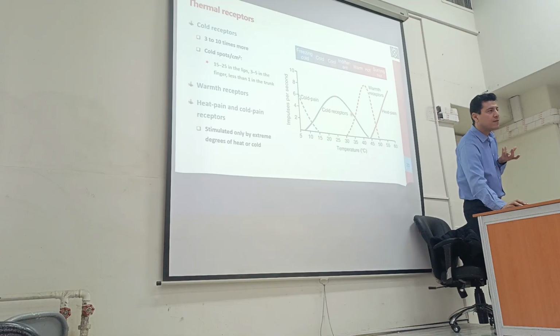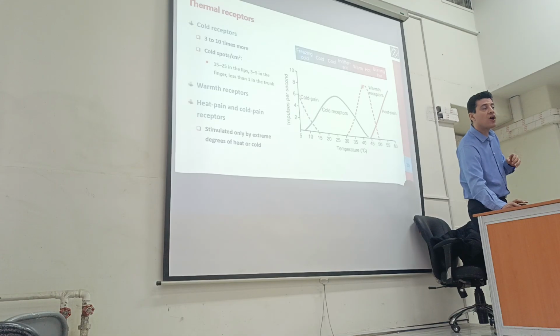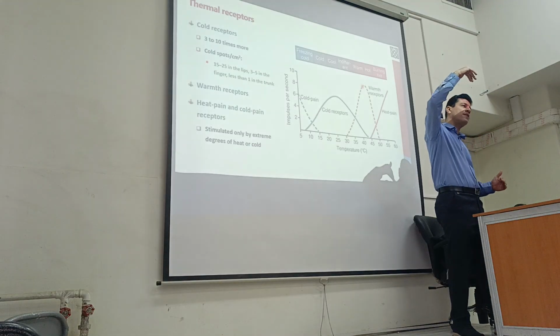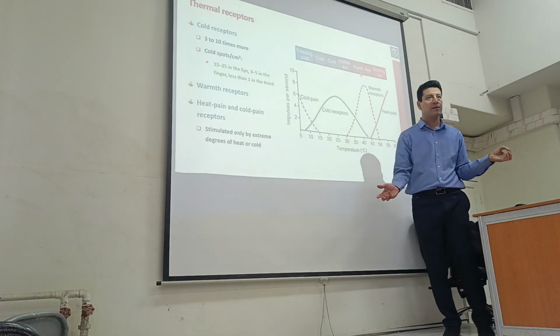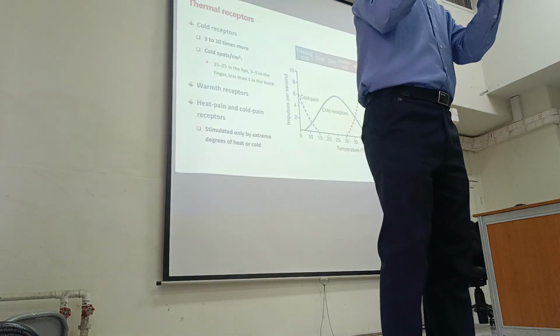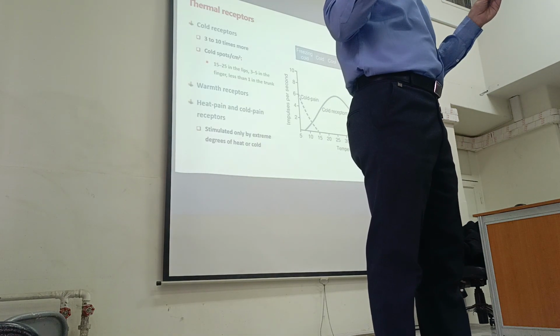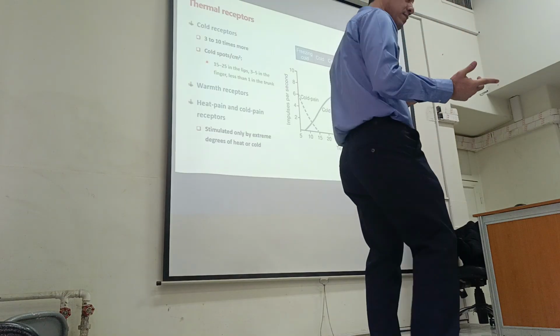If they are moderately active, but at the same time warmth receptors are also active, we feel indifferent, right? If warmth receptors are maximally active and cold receptors are minimally active, then we feel warm, right? So, based on relative activation of these 4 types of receptors, we may feel cold, cool, warm, hot, right?